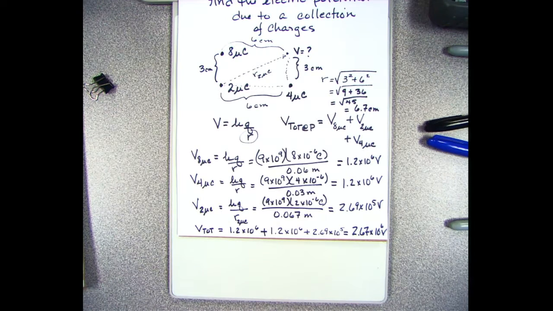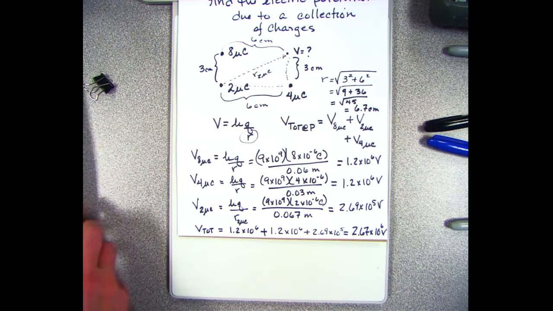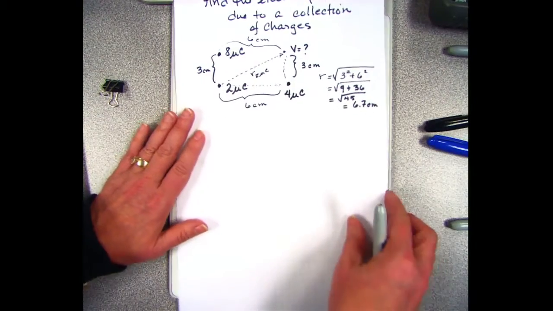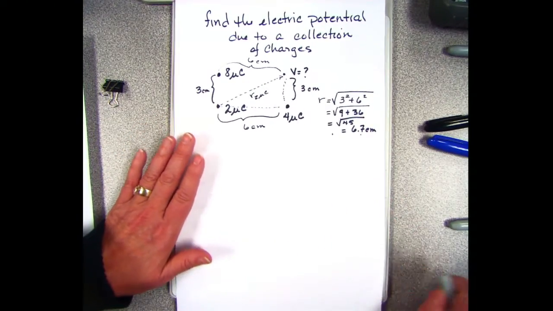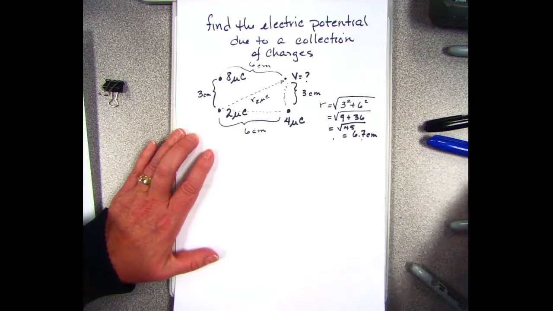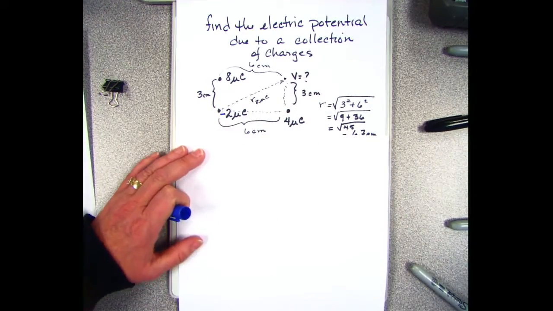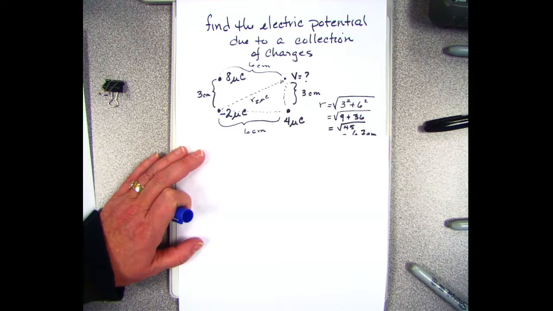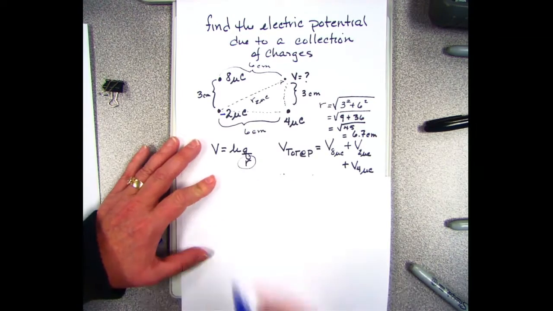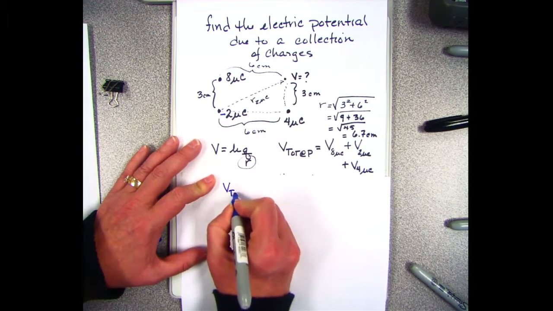Instead of this right here, let's make this a negative 2 microcoulombs. If I make that a negative 2 microcoulombs, I'm still going to add the potential. The total potential is equal to the potential for the 8 microcoulombs plus the potential for the 2 microcoulombs plus the potential for the 4 microcoulombs.